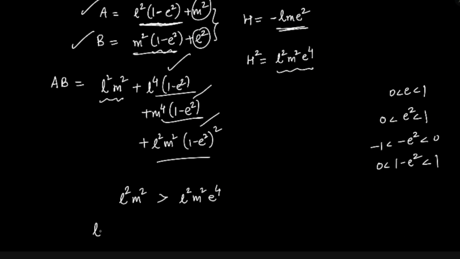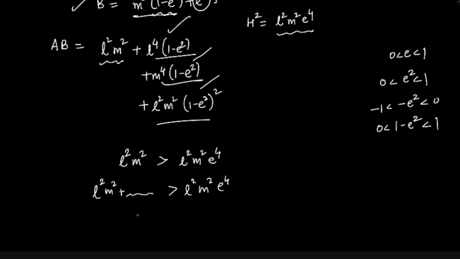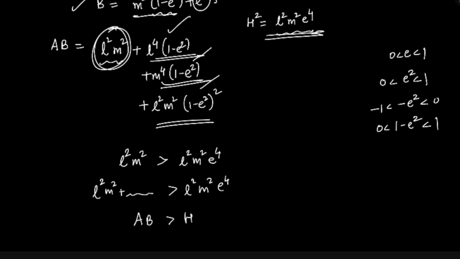For L square m square, if I add some more positive values, definitely that is still more than L square m square e power 4. That means AB, this term itself is more than h square, and I am adding some more positive terms. So definitely AB is more than h square, or I can say h square is less than AB.